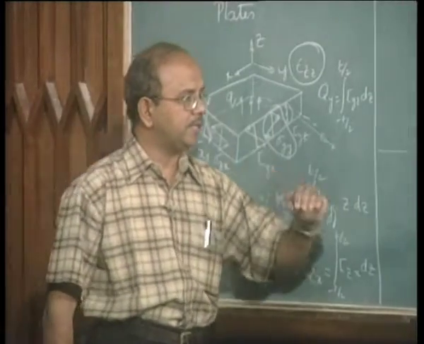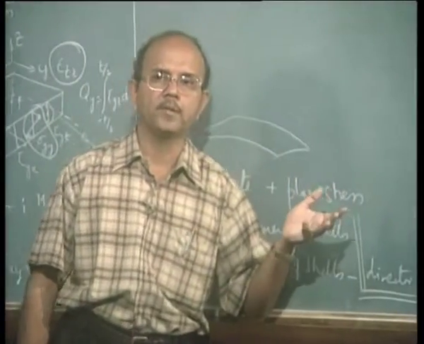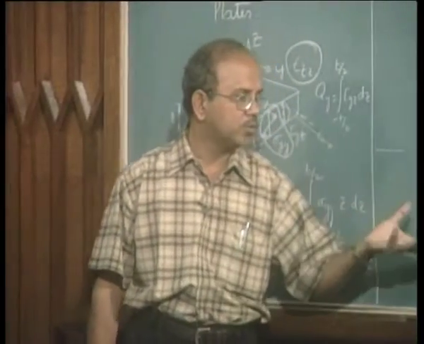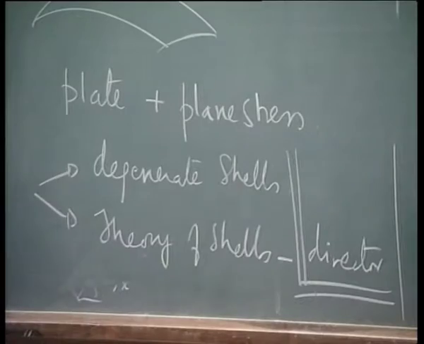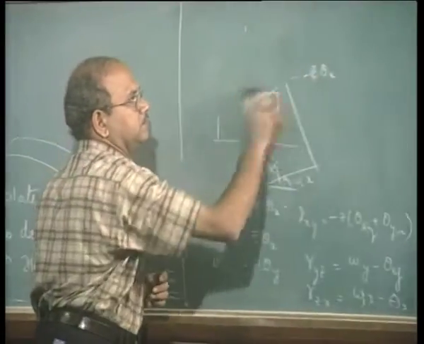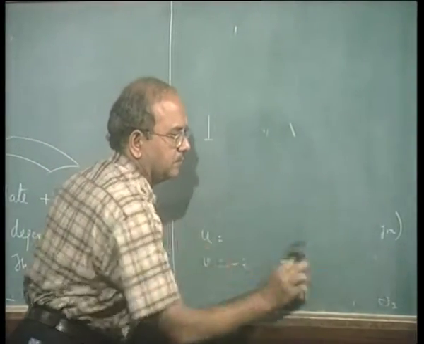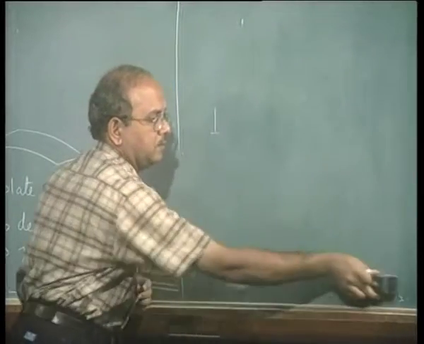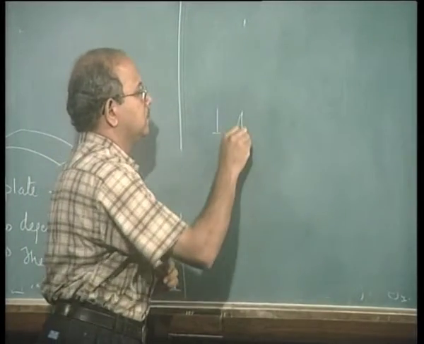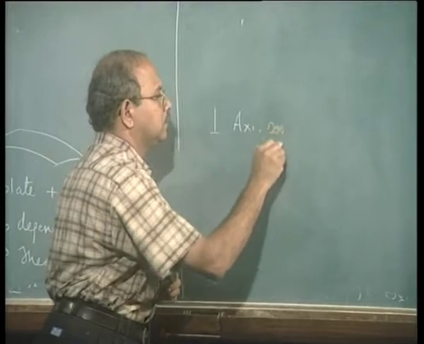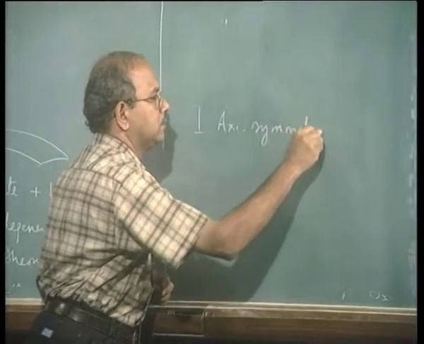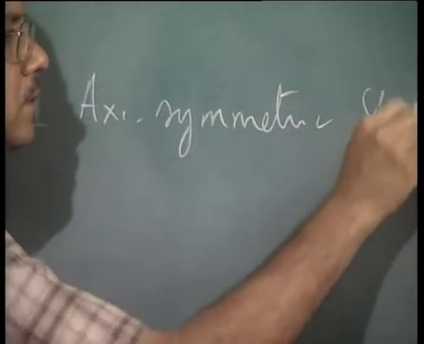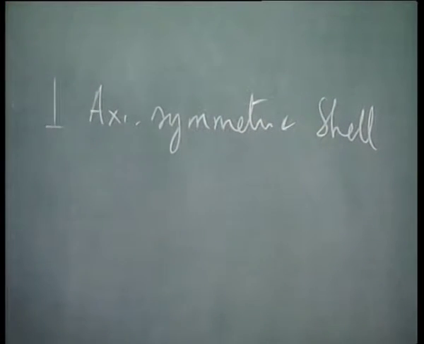But many times for sheet metal forming work, you use what is called the shell element. A variant of the shell element is what is called the axisymmetric shell.